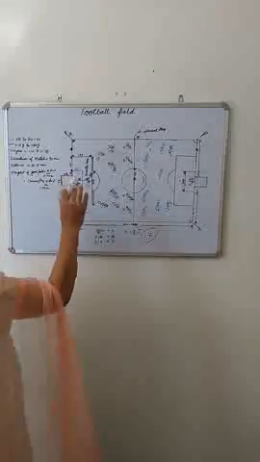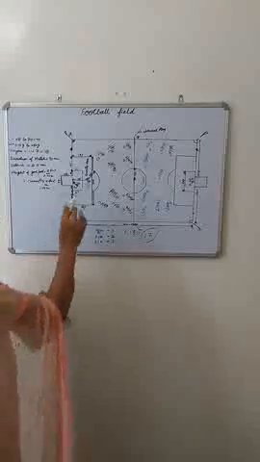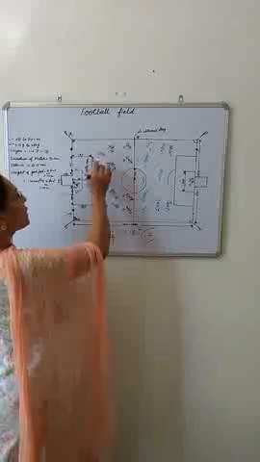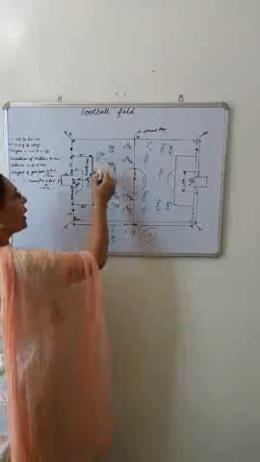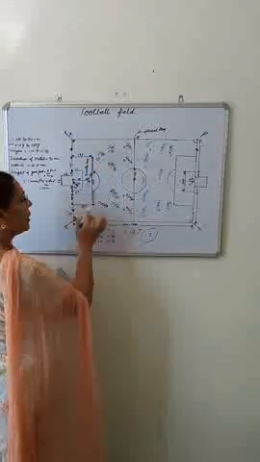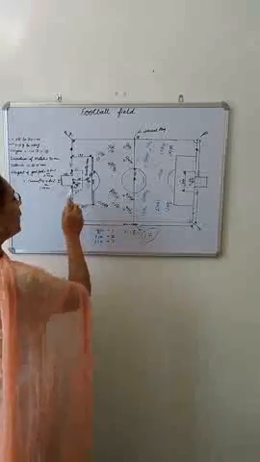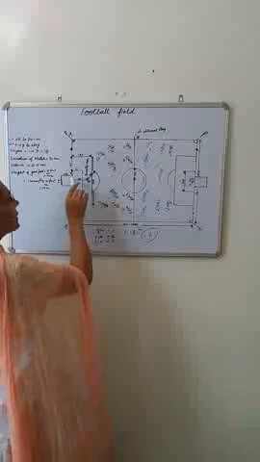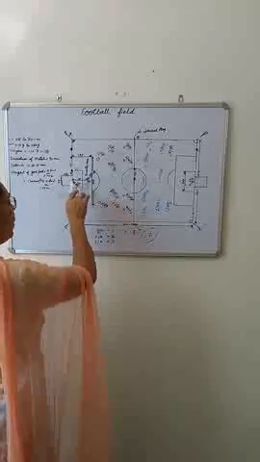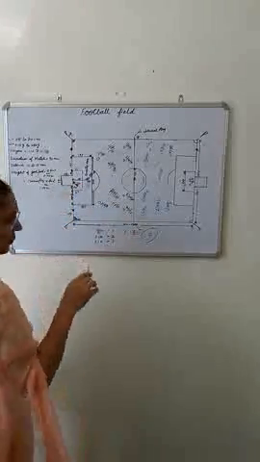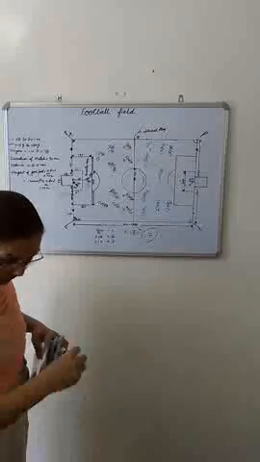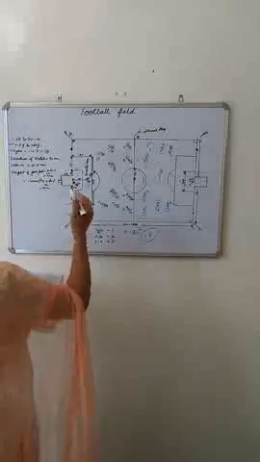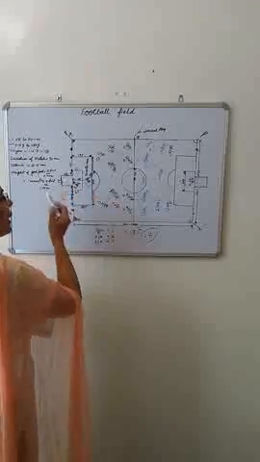Now A team's rest of all players, A team and B team, all players will remain outside the penalty area. Only the B team's goalkeeper will stand near the goal line, facing the kicker.